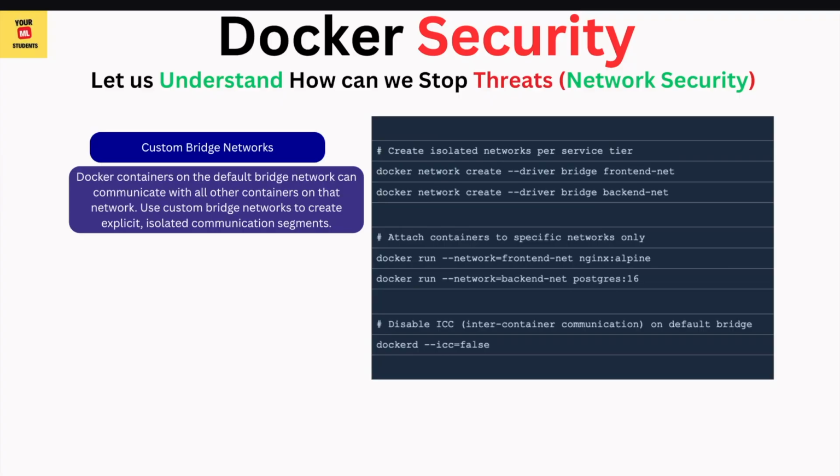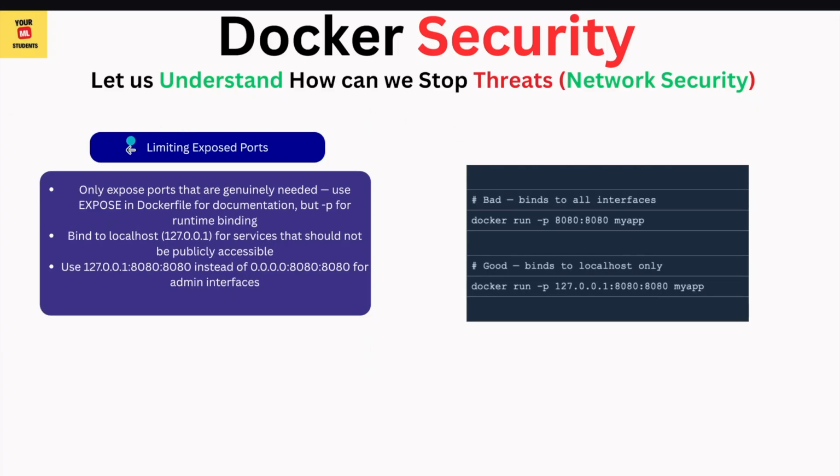You do not want that. What you want is to create your own custom bridge network, and inside it my app stack will be running, and other app stacks will be under a different network. Because of that, if by any chance one container is compromised, the other app stack will not be compromised because your networks are different, okay?